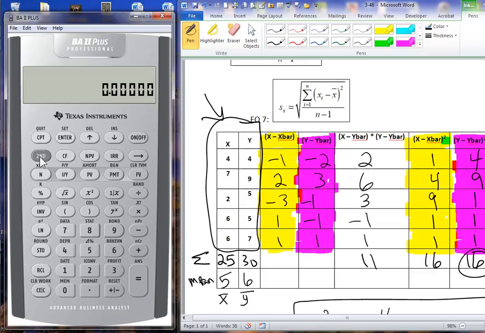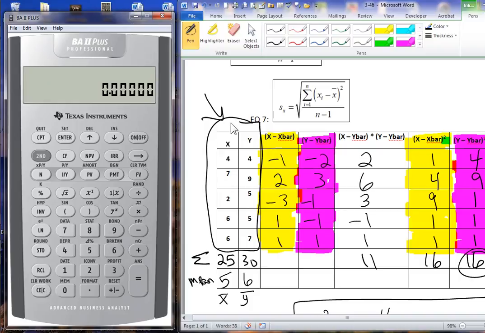So any calculations that you've done before you need to erase. To do that, you must click on second function and then the clear button. Notice how it says clear work on top of it. That's why you engage the second function key. So you use second function and then click on clear, and it clears all the prior work.